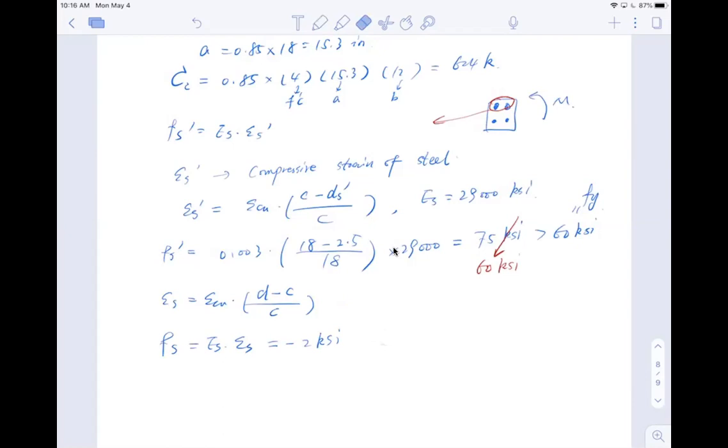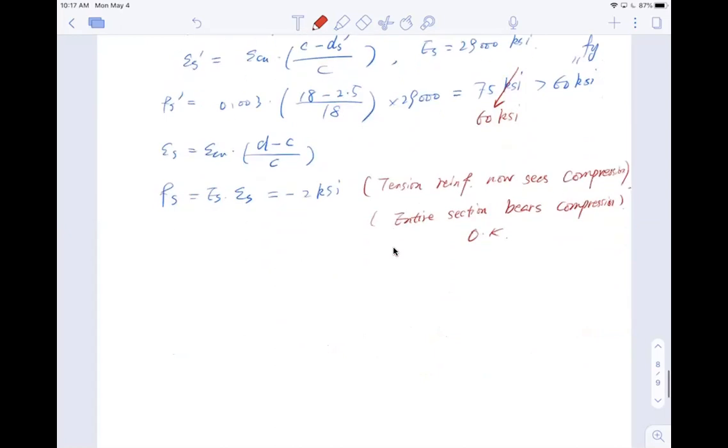It means the tension reinforcement, which supposedly takes care of tension, now sees compression. So the entire section bears compression. That means I have a large enough compression zone, the entire section sees compression, so I'm satisfied. This is the compression region.